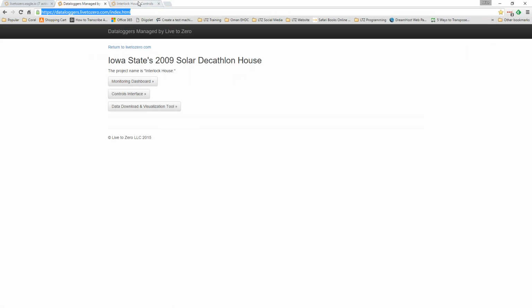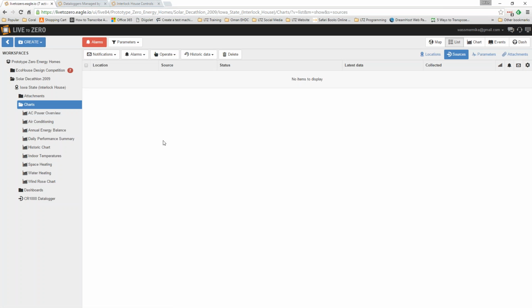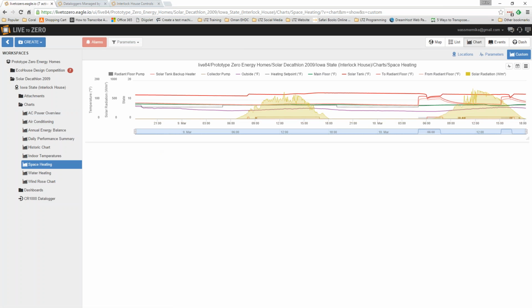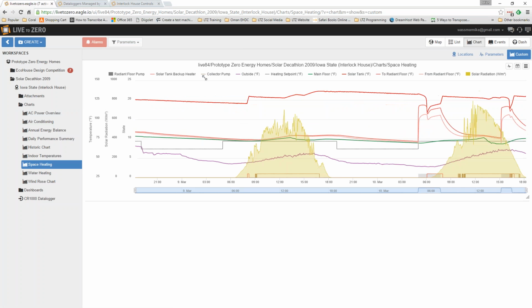The monitoring dashboard is useful to have open. If you're not familiar with the system, looking at these charts in Eagle IO can get a little confusing because it's hard to match up these names with the locations and what's being measured in the physical system.